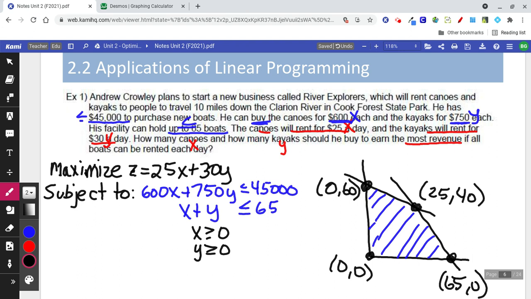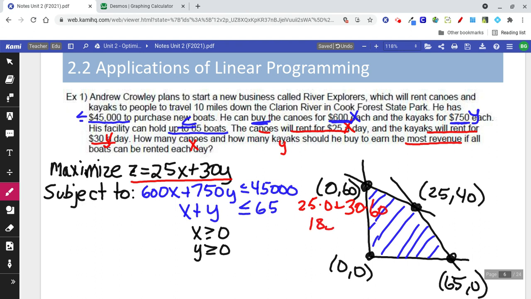Okay. So remember what we did in 2.1. We took those corners. This is called the method of corners. We took those corners and we plugged them into the objective function. So we want to plug those numbers in. 25 times 0 plus 30 times 60 is going to be 1,800.